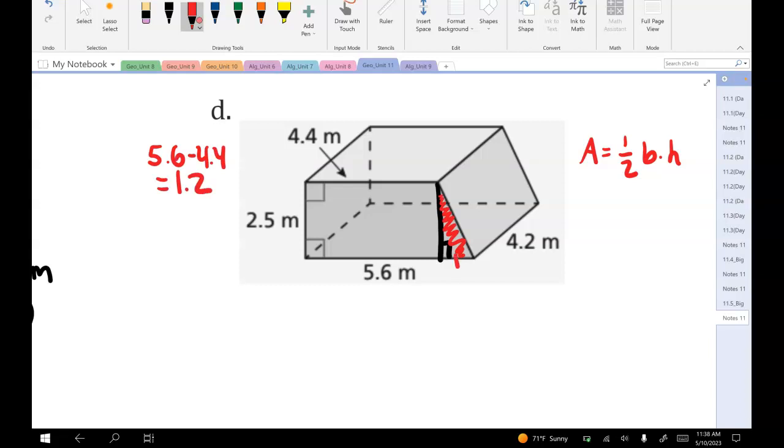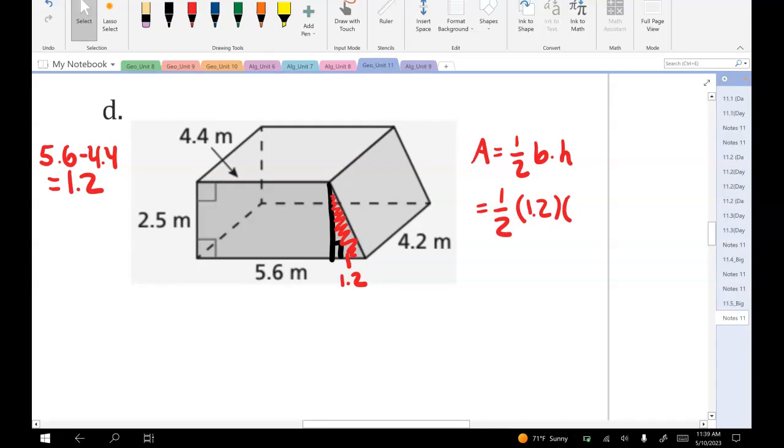So that's the length of this right here, 1.2. So then we take area is equal to 1/2. Our base of our little triangle is 1.2. Our height is 2.5.